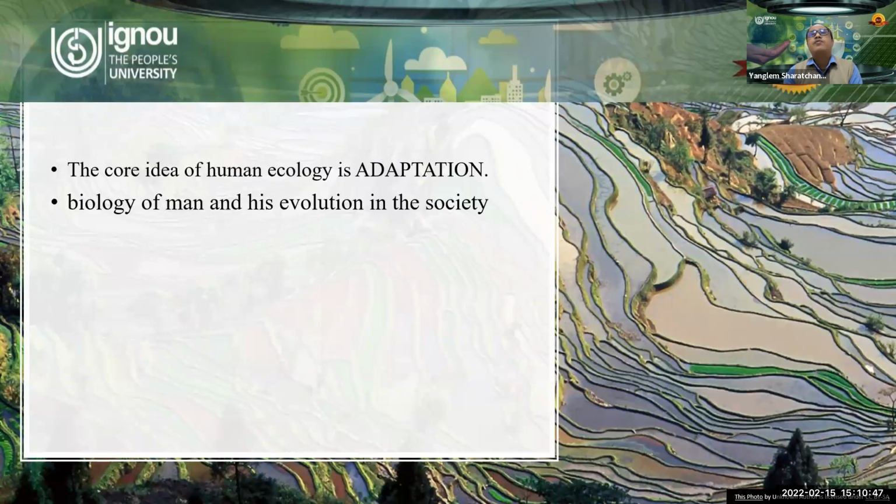That also depends on one part of the world to the other part of the country. So that is inherited from one generation to generation. The way of adaptation, the behavioral changes, is inherited from one generation to another. This is exactly the adaptation, through which human evolution is happening. Right.